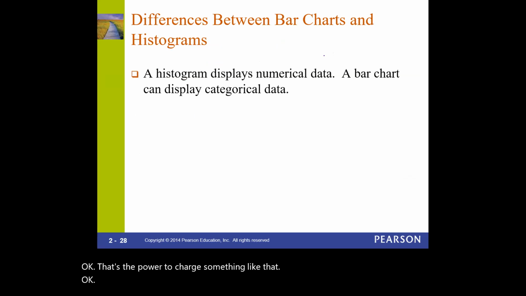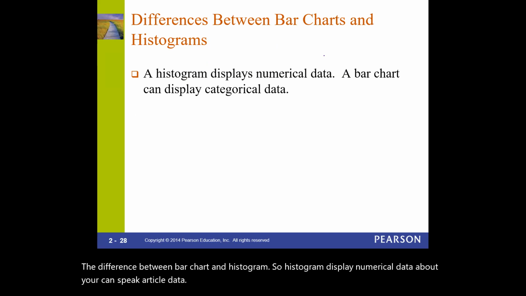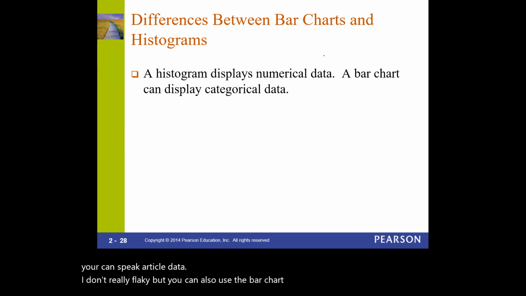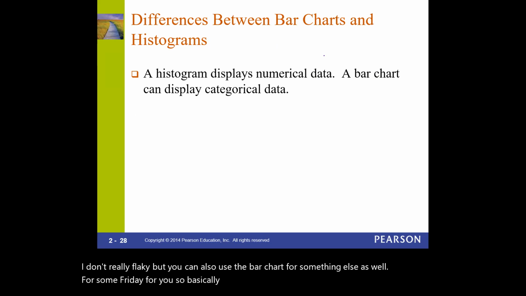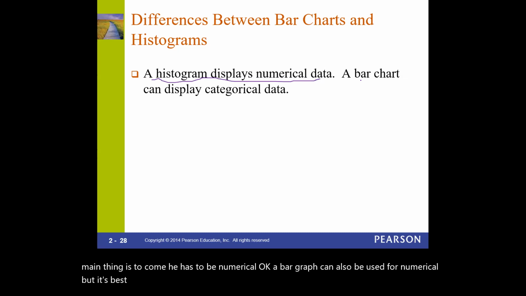The difference between bar chart and histogram: a histogram displays numerical data, and a bar chart can display categorical data. I don't fully agree, but you can also use the bar chart for something else as well. A histogram mostly has to be numerical. That's the main thing. A bar graph can also be used for numerical, but it's best used for categorical data.